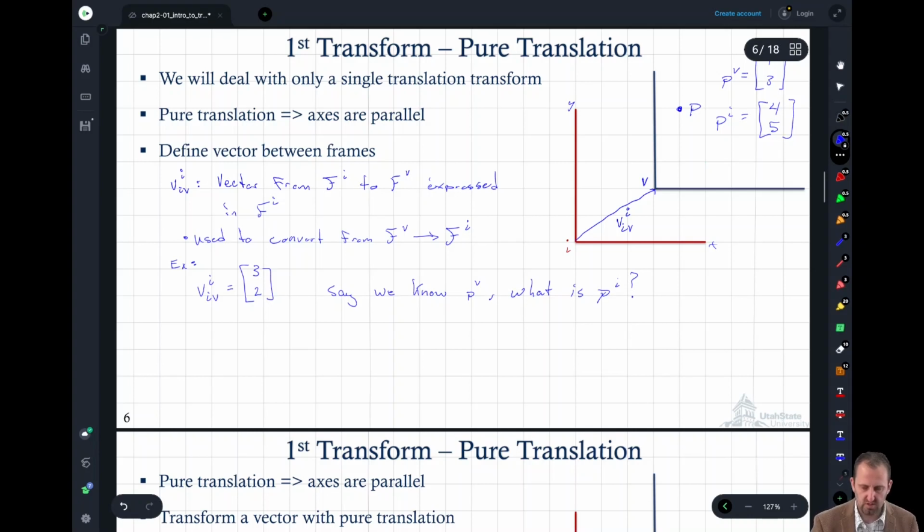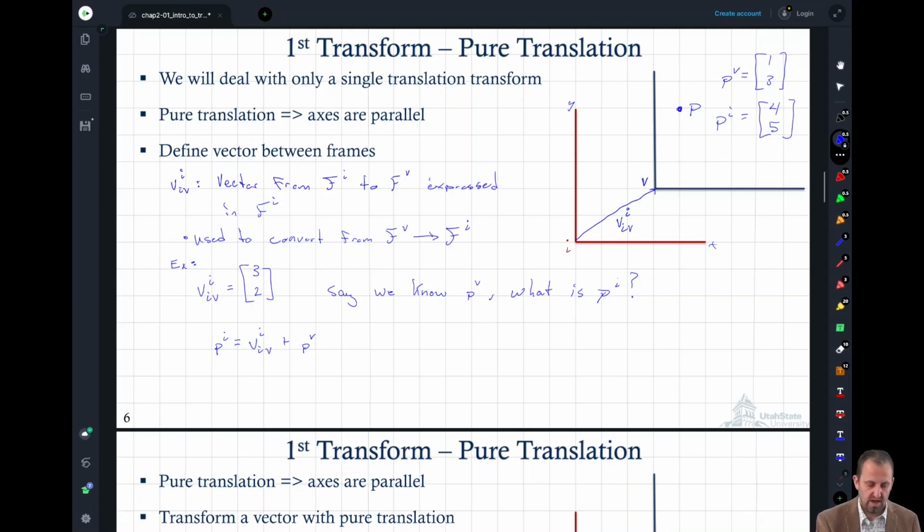And here we can just look at it and see, but we'd like a formulaic way of doing that. So what we're going to do is write down that P_I is simply our V_IV in the I frame plus P_V. Okay, so it's as simple as that.